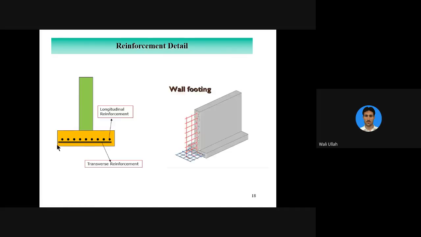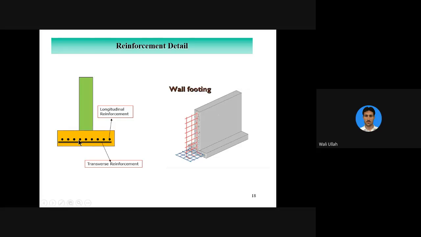In the actual diagram here, you see the cut of the wall. This blue is the steel reinforcement. These bars are the main bars, the main reinforcement. Along the wall there will be no bending, but still you have provided some steel.